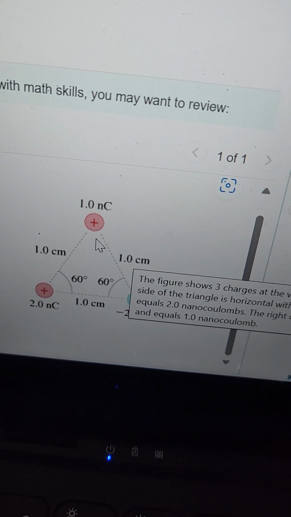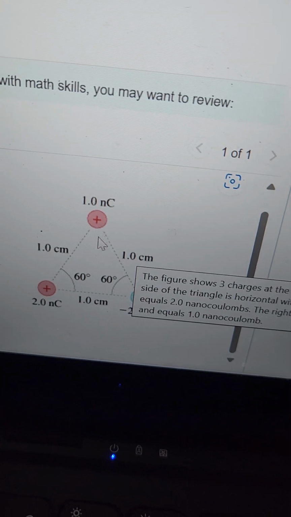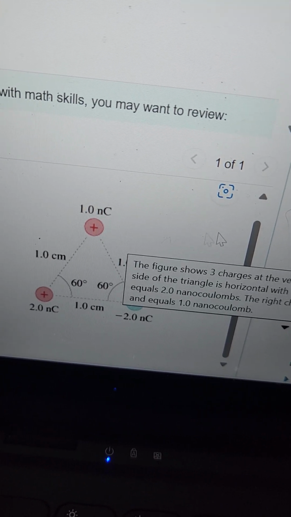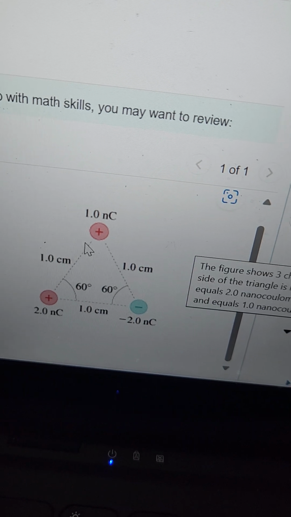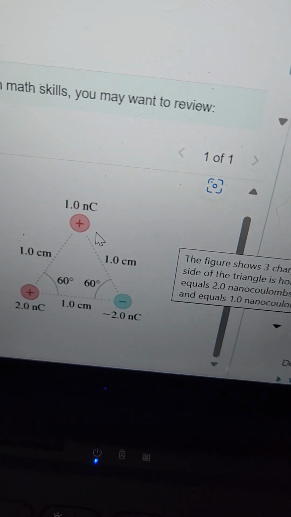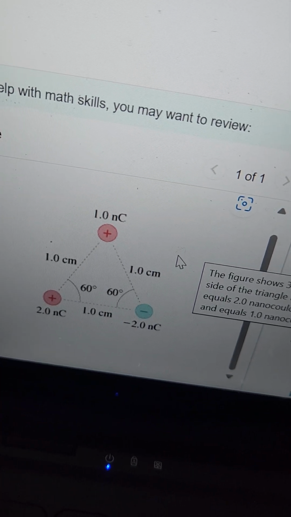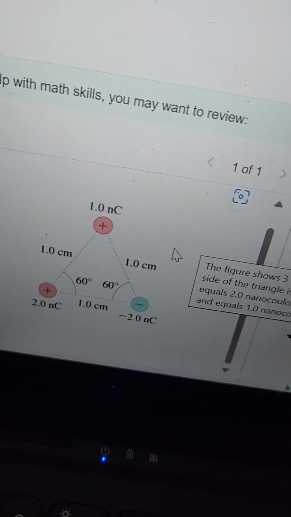That means you can basically negate the y direction because it's going to be 0. But they're both going to push it to the right, so you have to find the force in the x direction, and that would be your net force.